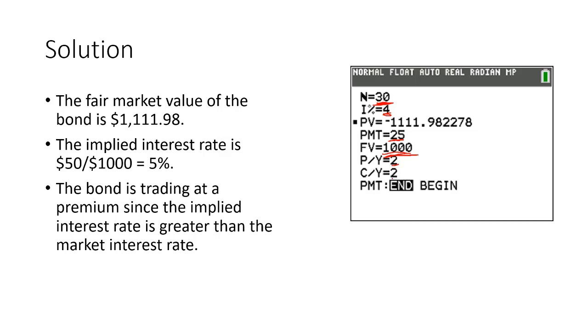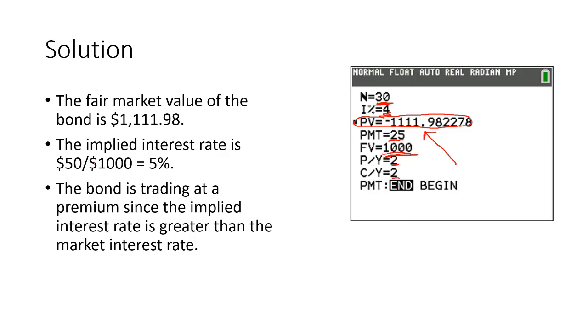There are 2 payments a year. Then we go up and we compute present value, right? We go up and then we hit alpha, enter. And it tells us the fair market value of this bond is $1,111.98.